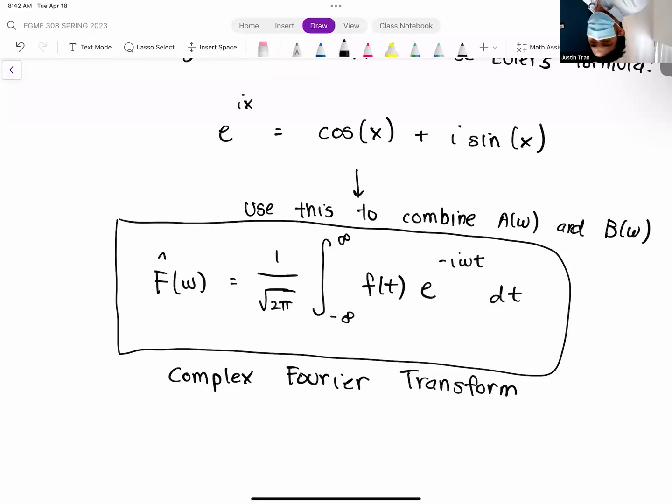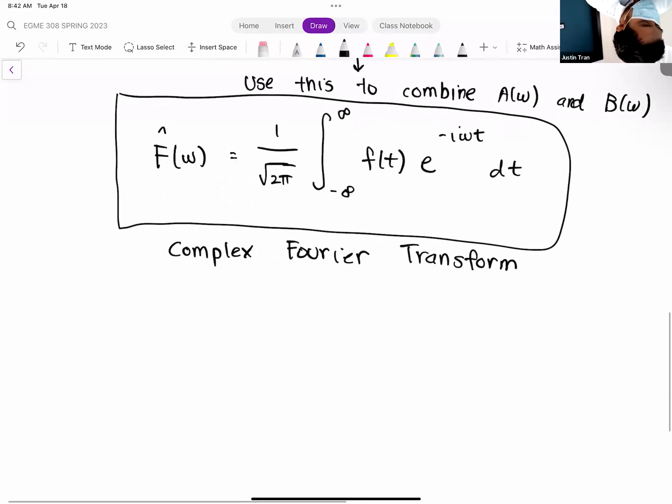So this is a general transform that can work for both even and odd functions, but it can also work for functions that are neither even nor odd. And the corresponding inverse: remember, for the Fourier transform, we have formulas for the inverse as well.